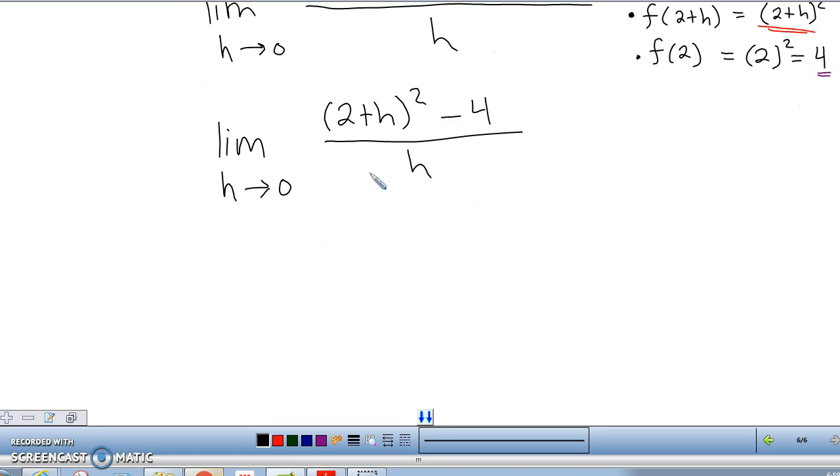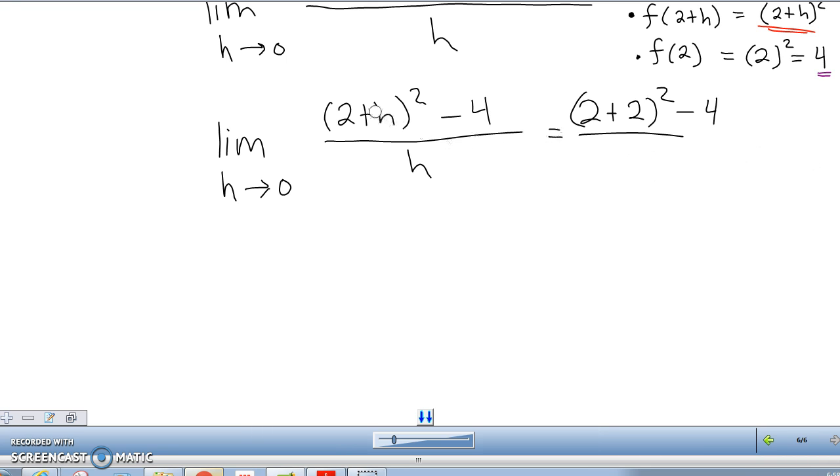By now, you should all know that the first step is direct substitution. This is 2 plus 0 squared minus 4 over 0.